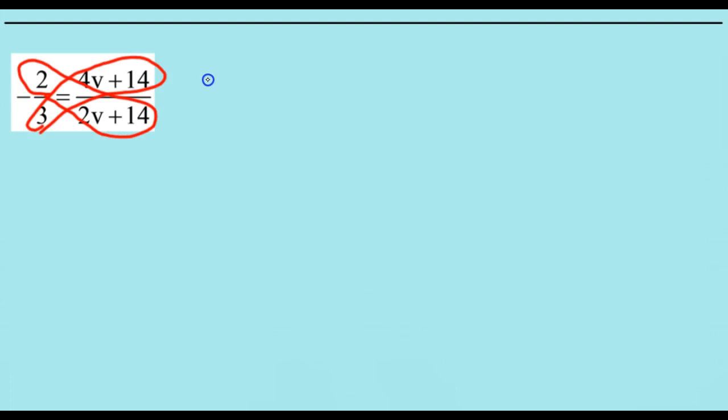So I'm going to pick this 2, so I'll have negative 2 times 2v plus 14 equals 3 times 4v plus 14.